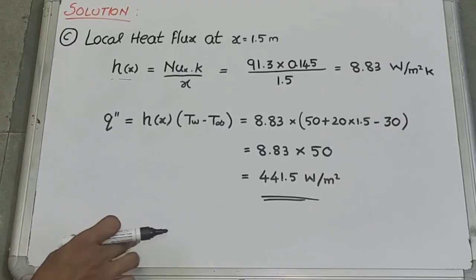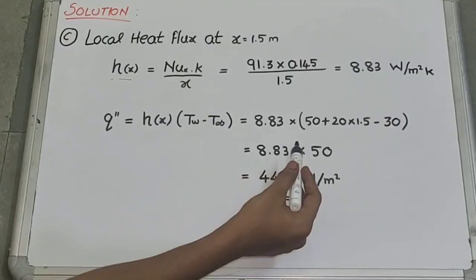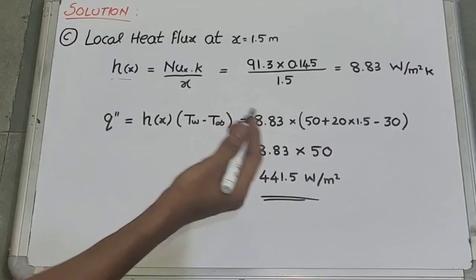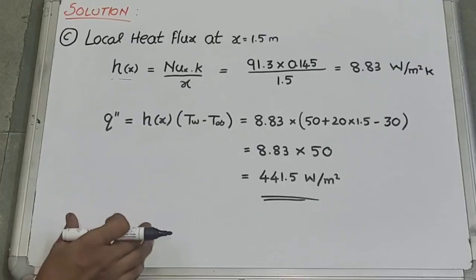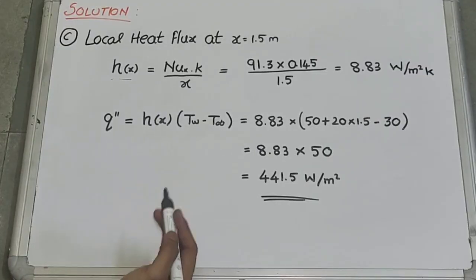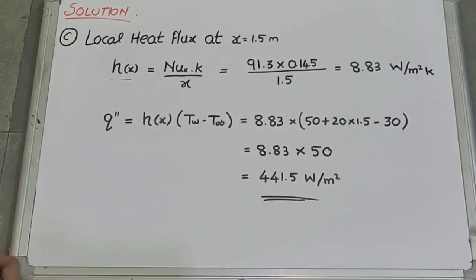So we substitute that value: 50 + 20x becomes 50 + 20 × 1.5. T infinity is given as 30 degrees centigrade. We substitute all these values and we get the local heat flux at x = 1.5 meter as 441.5 watt per meter square.